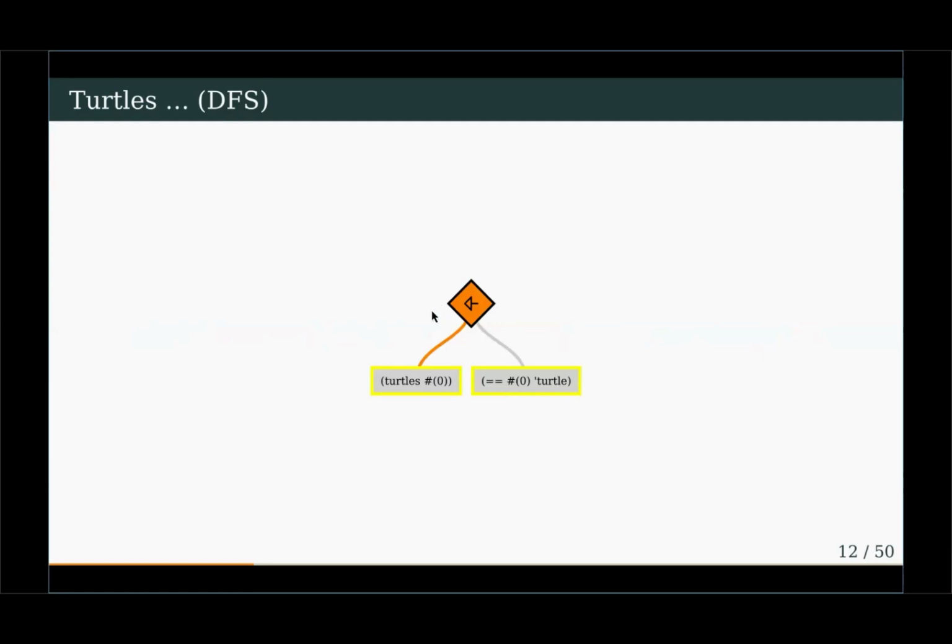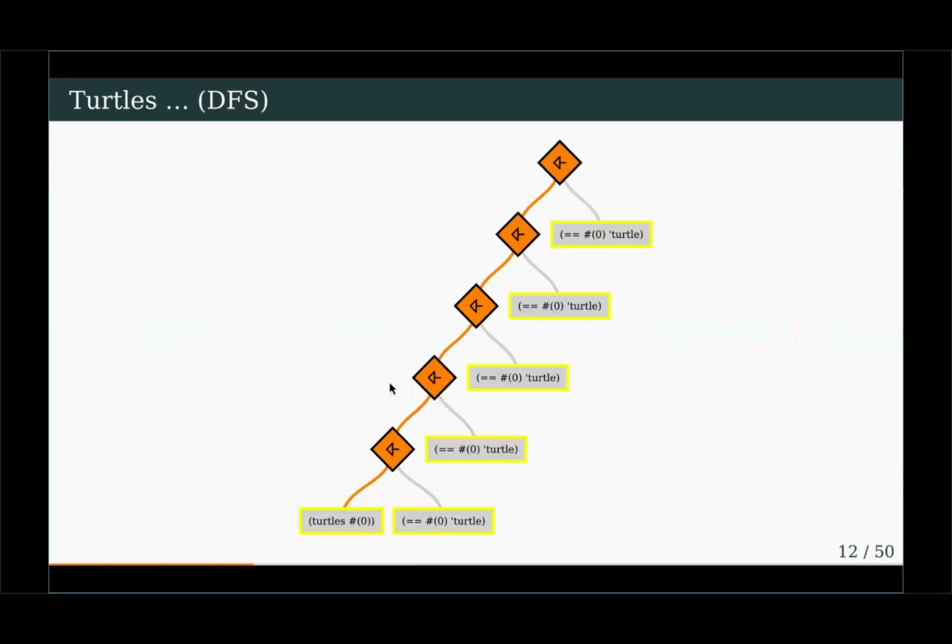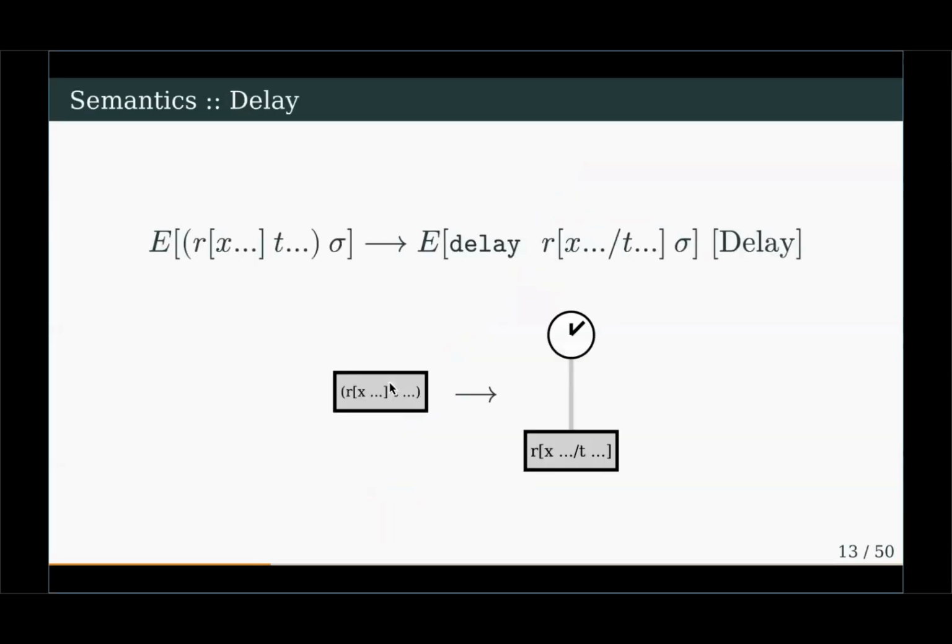Here's our disjunction node, evaluation proceeding down the left-hand side, and our node here is the call to turtles. What we'll do is expand it, and then we find ourselves in the same situation. We keep going down the disjunctions, we hit turtles, expand, expand, expand. This is that first search, where we diverge down this branch. But again, that's what our tree structures will sort of look like.